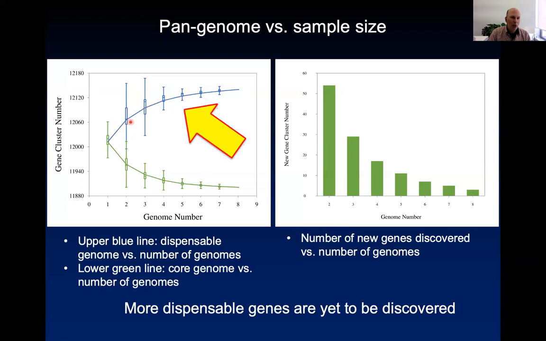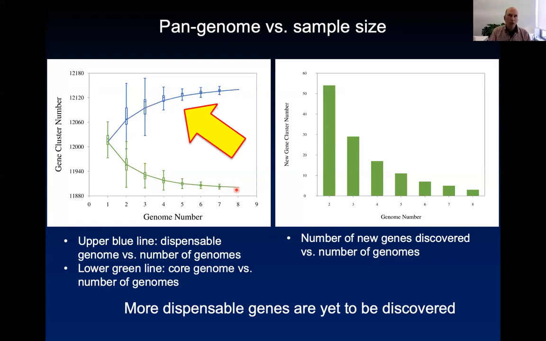And we can see that the curve, as we approach 8 genomes, is starting to become level, but it's still not level. So as we add more genomes, we expect this to continue to increase. And the core genome are the genes found in all of the isolates, and that has the same pattern. So it's continuing to decrease as we include more genomes in the analysis.